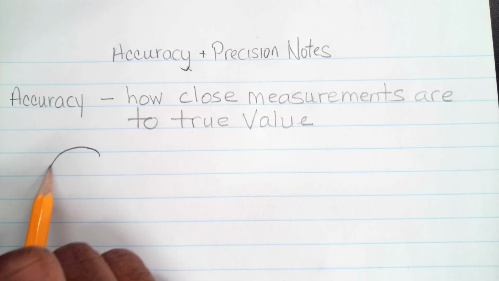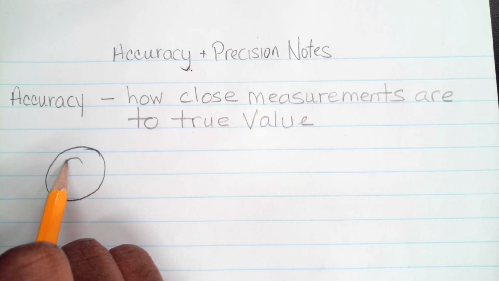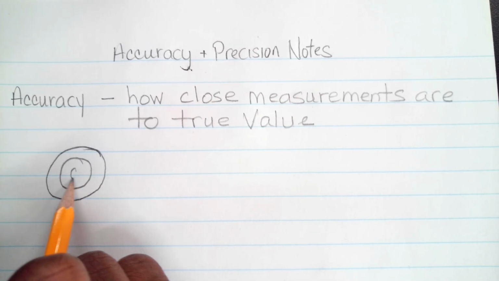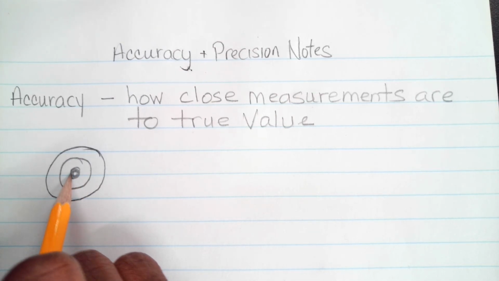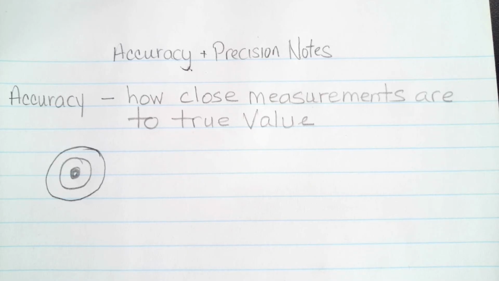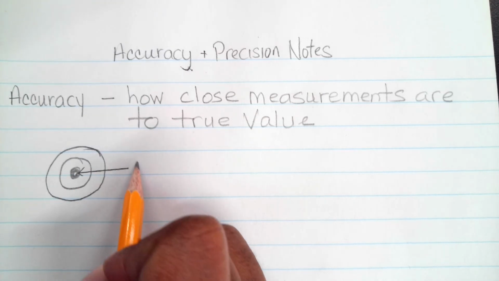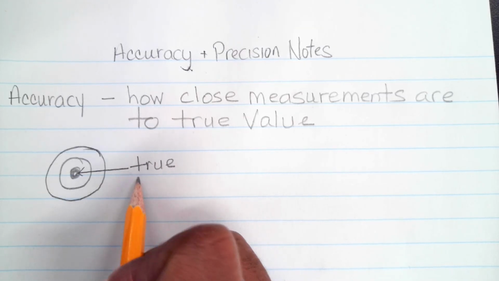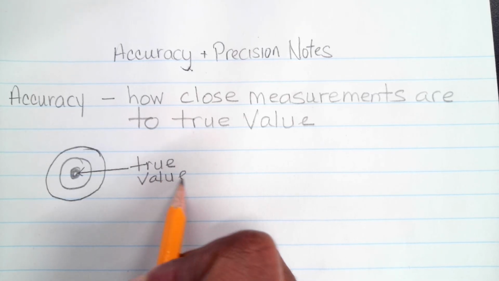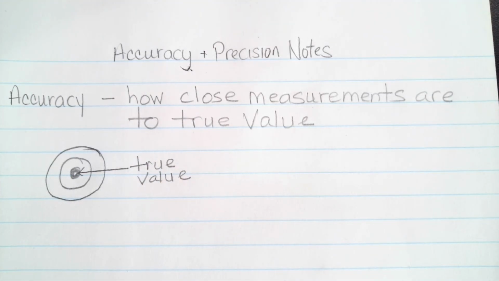So let me make a bullseye. When you are throwing darts, does everyone know what darts with a board is? What are you trying to hit, Kenny? Yes, this center is your true value.